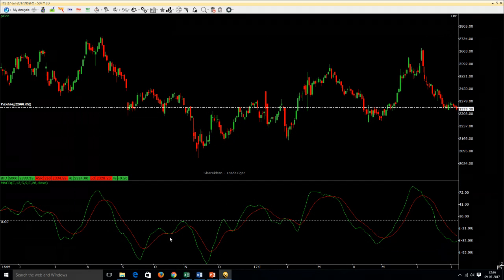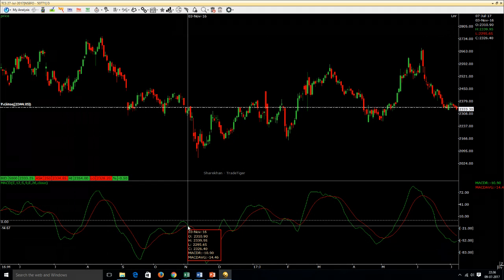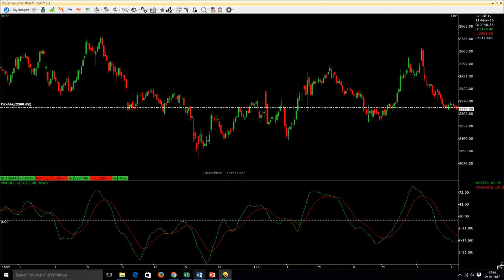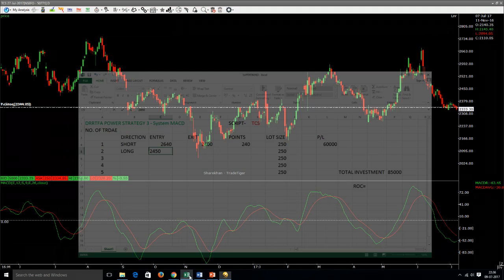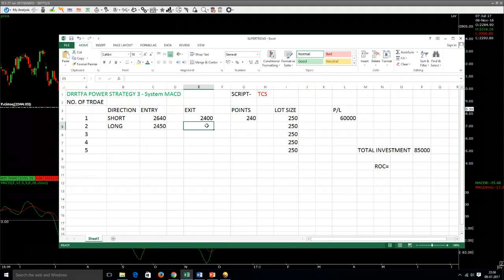Here, you see, the crossover hasn't happened. It's just along some parallel lines, the noise. And the crossover actually happens here, clearly, where the price is 2,326. So we go back to our position, and here we exit at 2,326.